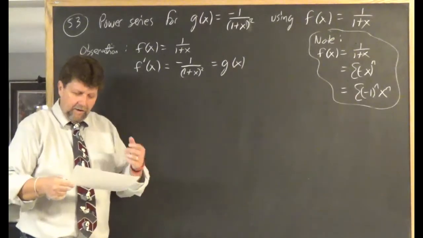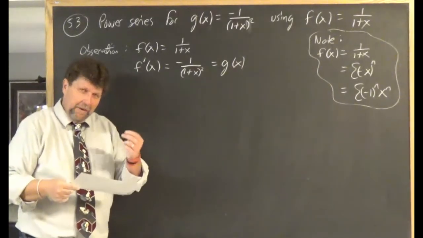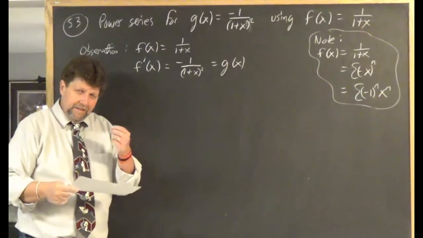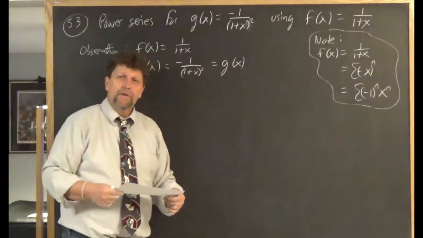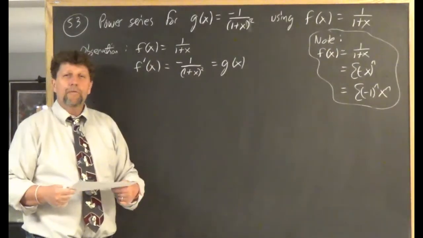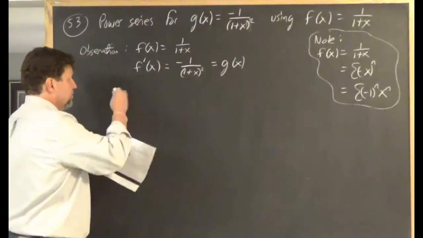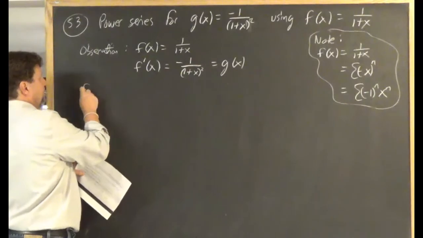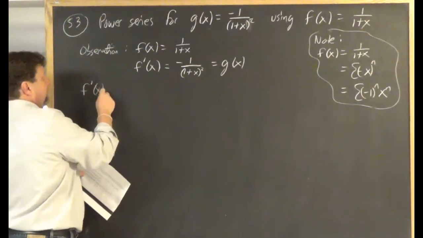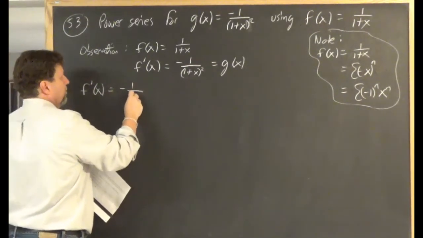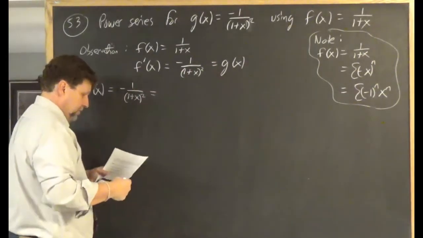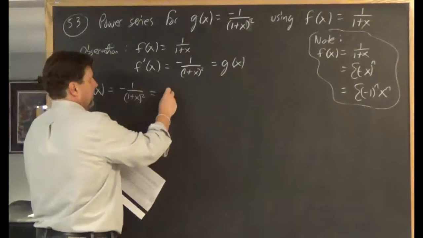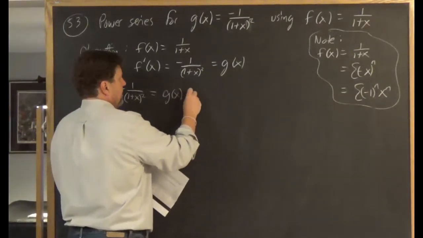So it looks like all I simply have to do is differentiate the power series for f of x equals 1 over 1 plus x. I know f prime of x is negative 1 over 1 plus x quantity squared, which is my g of x.